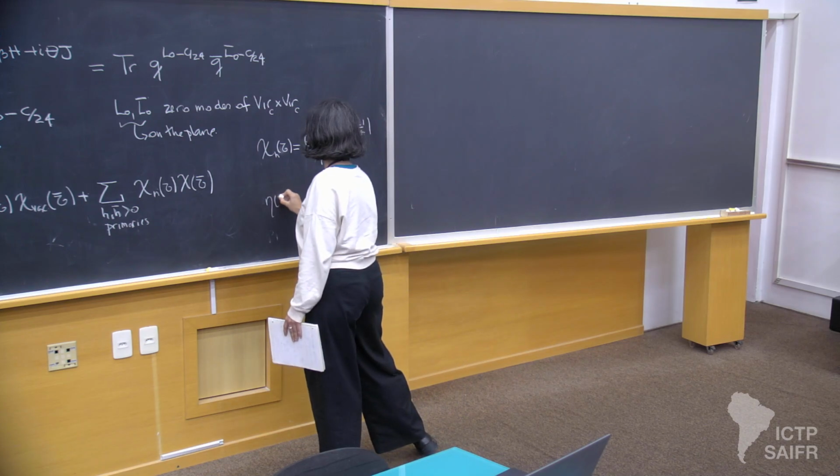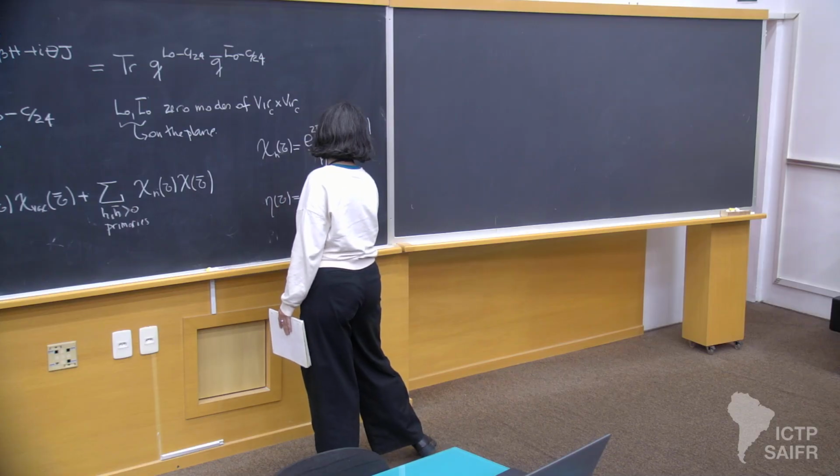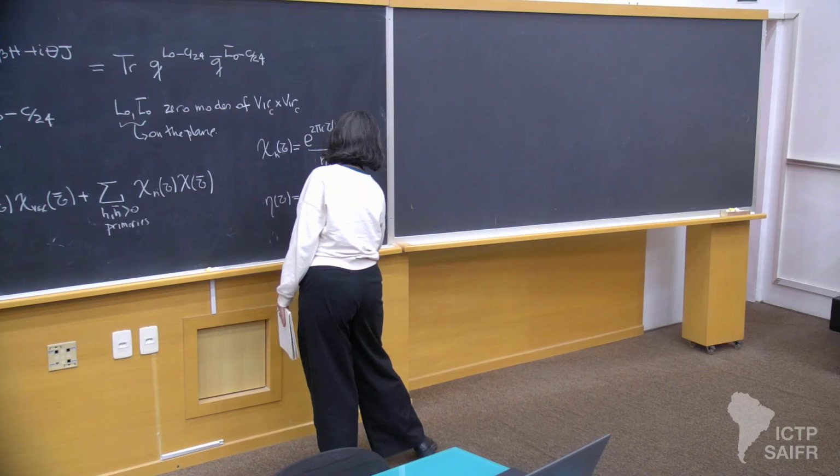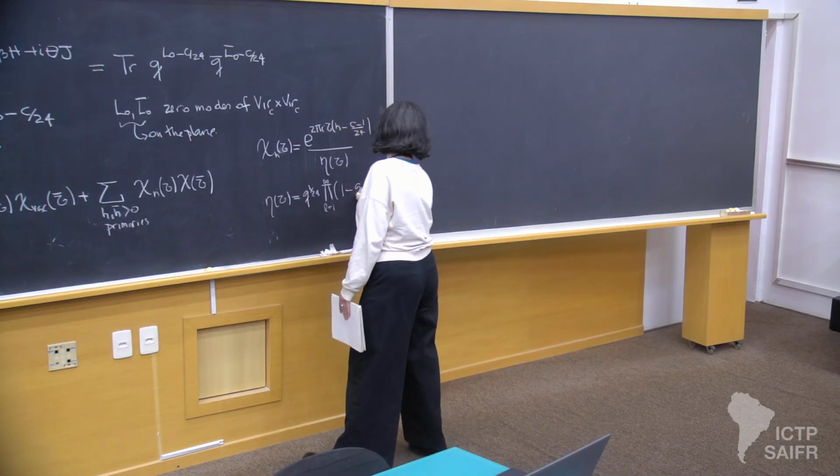Just to remind you, this eta was q to the 1 over 24 times the product over L equal to 1 up to infinity of 1 minus q to the L.